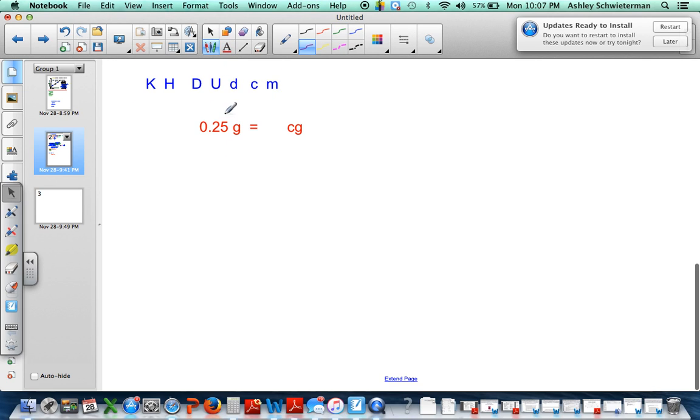So for this problem, I'm going from the units, because it doesn't have a prefix, to the centigrams. So I'm going from here, 1, 2. So I'm taking my decimal and moving it the direction of the arrow to 25 centigrams.